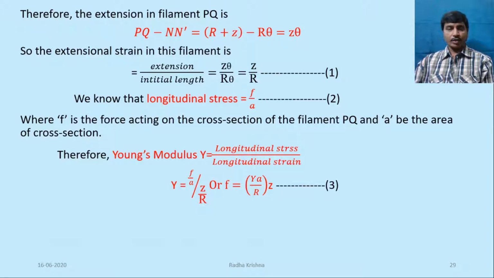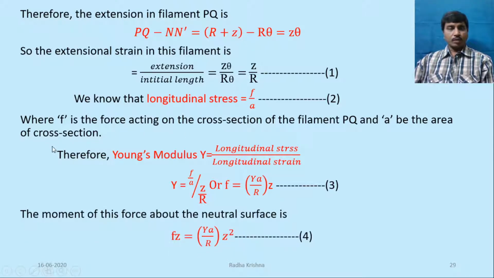This is equation 3. Now, the moment of this force about the neutral axis is, moment of force means force into perpendicular distance, that is force F into distance Z, that is Fz is equal to Ya by capital R into Z square, that is equation 4.